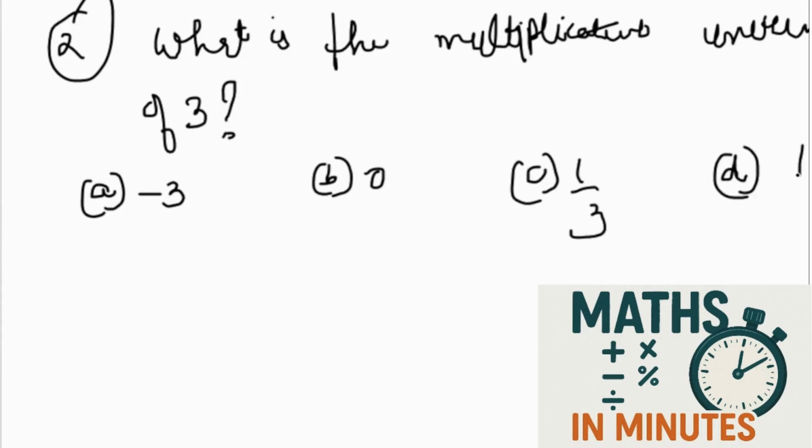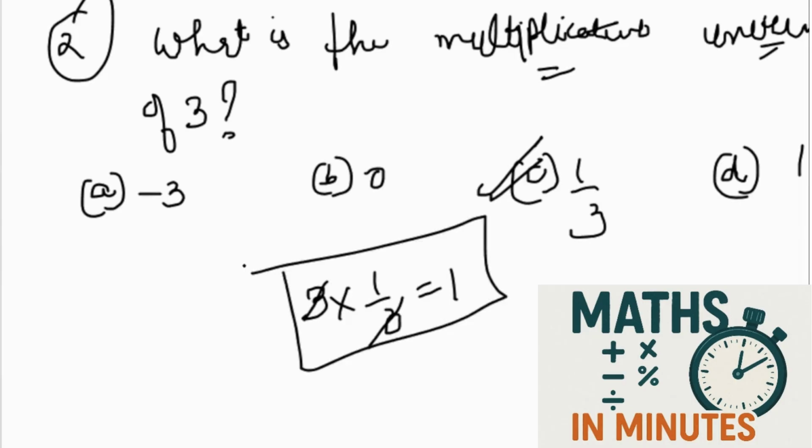So we are talking about multiplicative inverse. Multiplicative inverse, as we know, is the reciprocal of the number. So we'll say the answer is 1 upon 3 because 3 into 1 upon 3 will be 1. Right? That means multiplicative inverse is basically the reciprocal of the number.